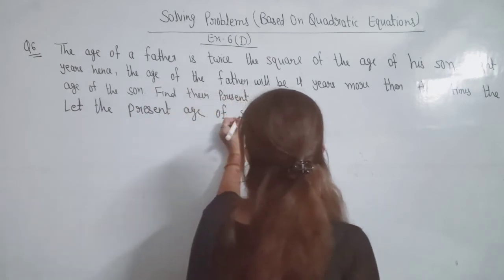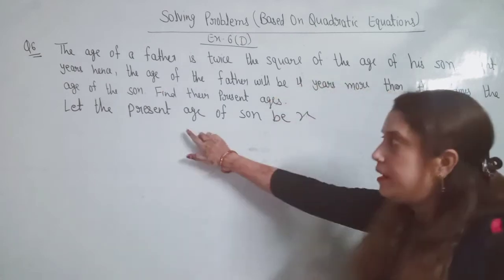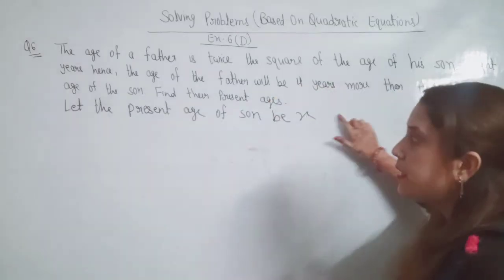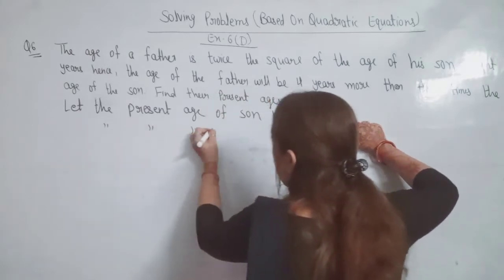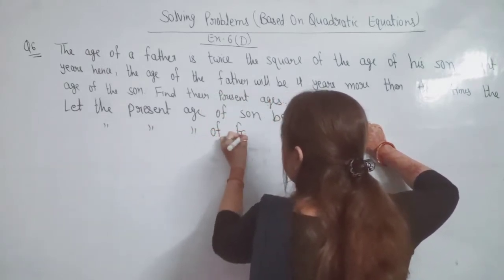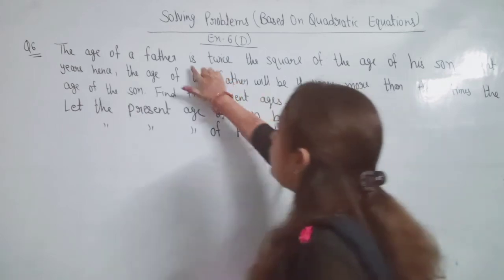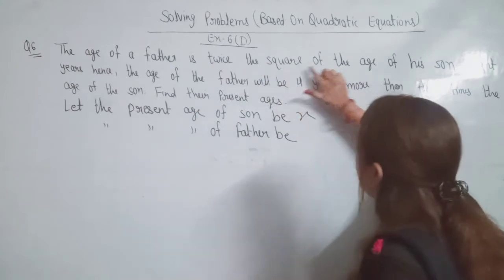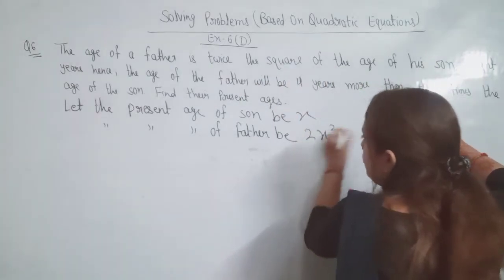Let the present age of son be x. So the present age of father, it is given father is twice the square of the age of his son, 2x square.